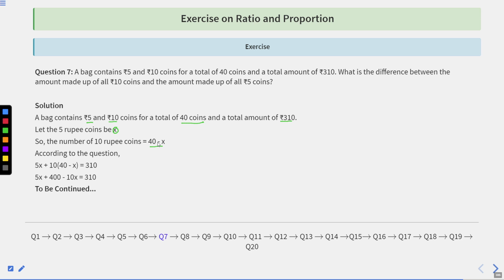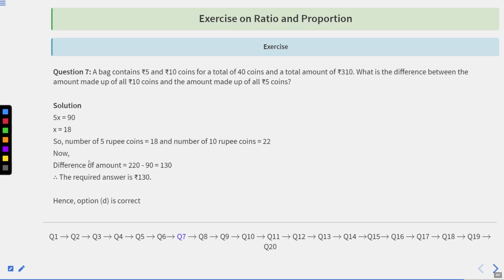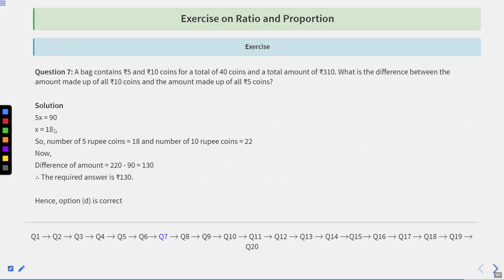According to the question, these 5 rupee coins and 10 rupee coins make a total of 310 rupees. So I can write it as 5x plus 10 times 40 minus x is equal to 310. If you simplify this, you will obtain the value of x, that is 18.